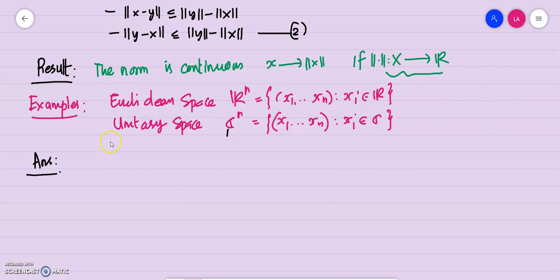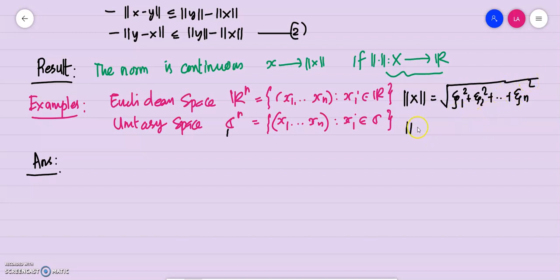Before getting into further details, we should define a norm. This is only a space. So here the norm is: norm x should be equal to the square root of theta 1 square plus theta 2 square plus etc., theta n square in the case of real numbers.